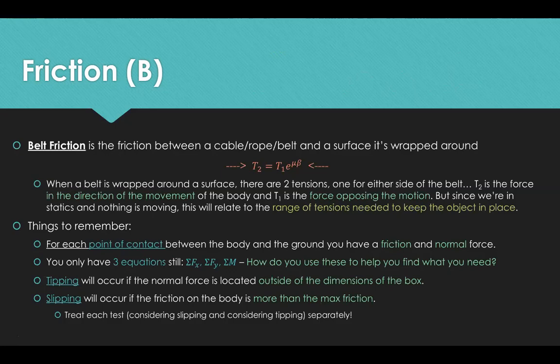Because then you're ultimately solving for the applied force, kind of like we did in an example problem. You're essentially just finding which applied force is required for each condition to occur, and then whichever one is smaller is the one that happens. So it becomes super, super important to treat each test entirely separately.